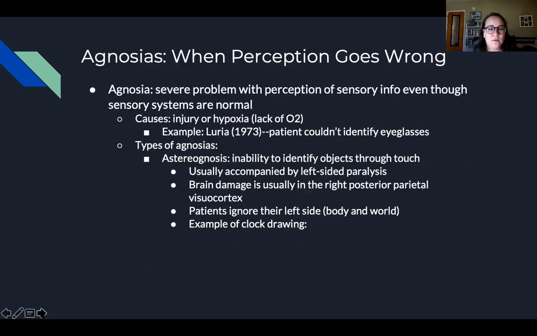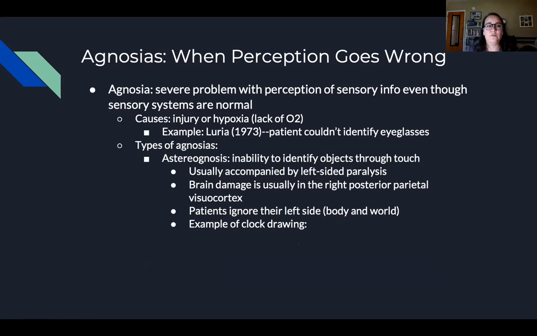So then what happens when our perception goes wrong? There's a deficit that can be caused by damage to the brain, whether that's through an accident or surgical lesions, even by hypoxia, which is oxygen deprivation in certain areas of the brain.